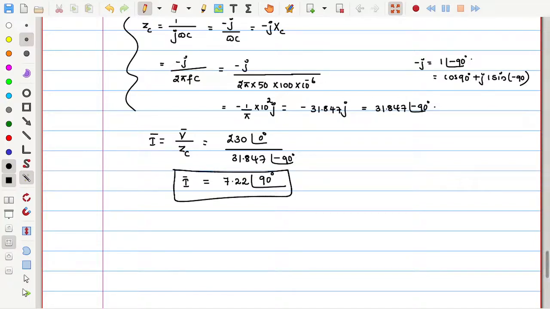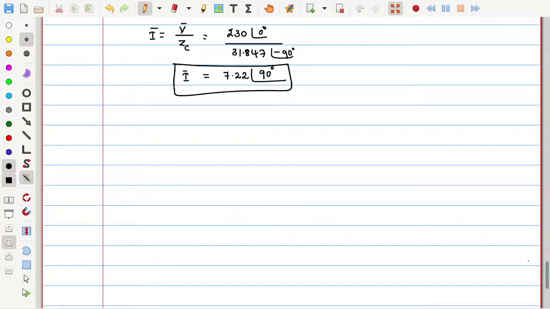Now put these things in phasor diagram format. Voltage is at the reference position of 0 degrees, whose length is 230. This is the voltage phasor. The current is at an angle of plus 90. Plus angles are measured in the anti-clockwise direction. This is the positive angle position. By how much angle? 90 degrees. The length of this vector is 7.22, something like that.